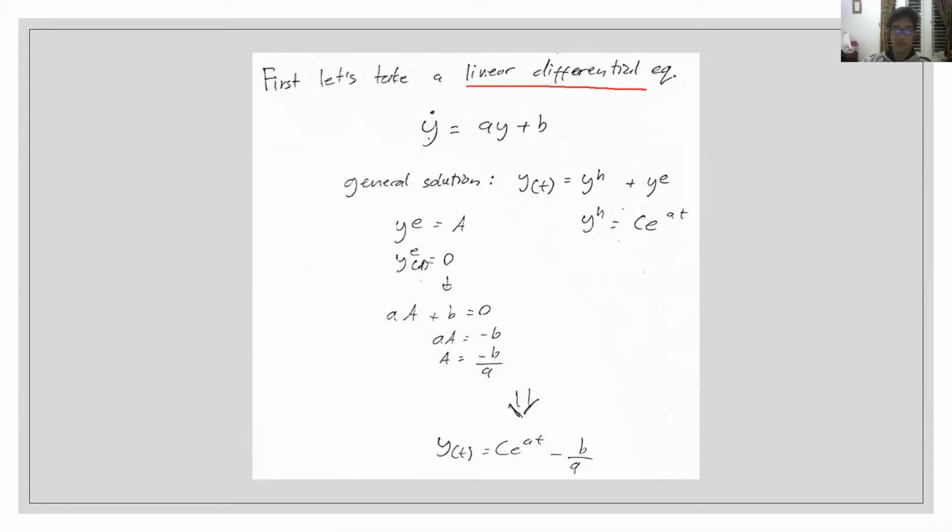For a linear differential equation, we have this as our placeholder equation: Y dot equals aY plus b. From here, we can obtain the general solution, of course. The general solution is actually not that important. For explaining, we just need to understand that Y_e is equal to a constant, and Y dot will always be 0 as well in a differential equation.